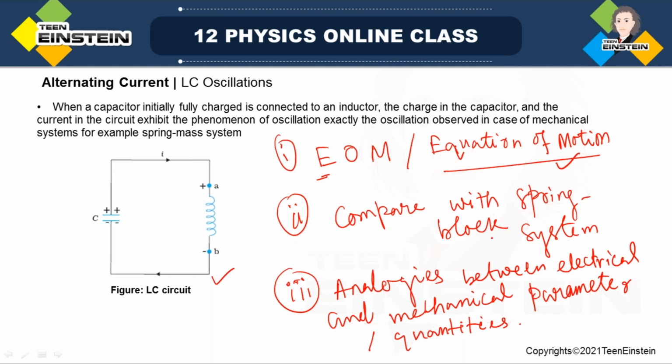And then we'll see how the oscillation in the LC circuit can be visualized and compared with this mechanical system. And we'll try to find out some analogies between the electrical quantities which are involved in this oscillation with the mechanical quantities or parameters which are involved in simple harmonic motion in case of a mechanical system. Okay, I'll just erase this.